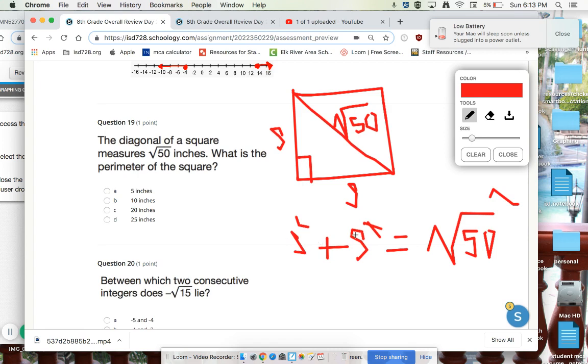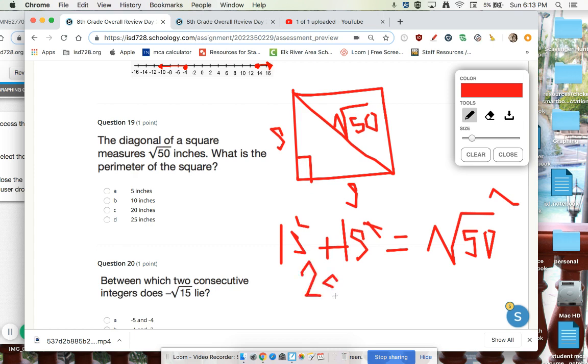So I have 1 s squared plus another s squared is a total of 2 of them. I actually have 2s squared. So 2s squared is equal to 50, and we already evaluated the square root of 50 squared.